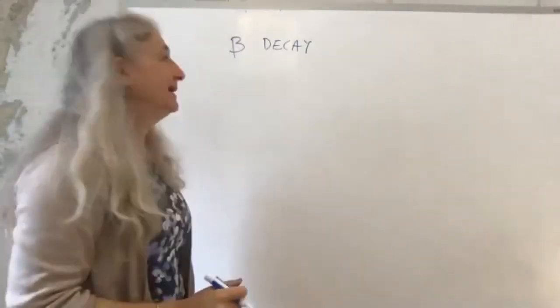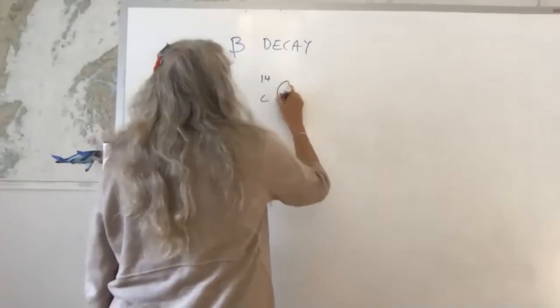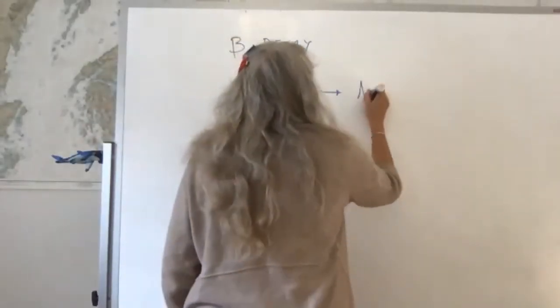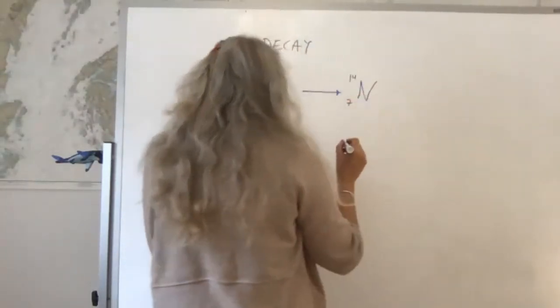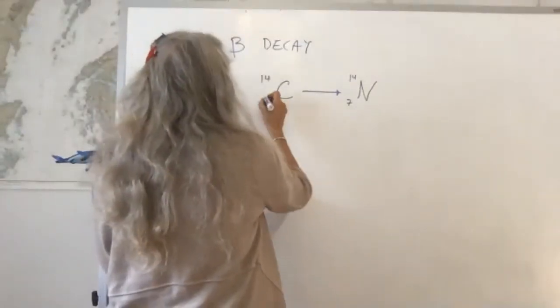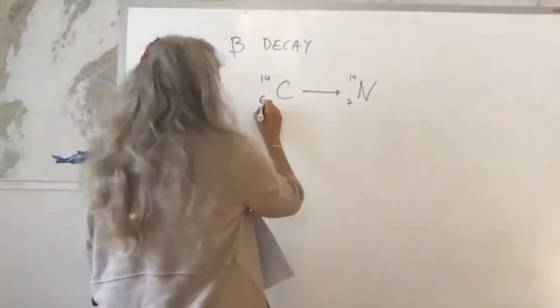So, beta decay. Let me just write down a reaction, and then I'll tell you what the beta is. We start off with a carbon. Carbon has a 6 here, which is the number of protons.